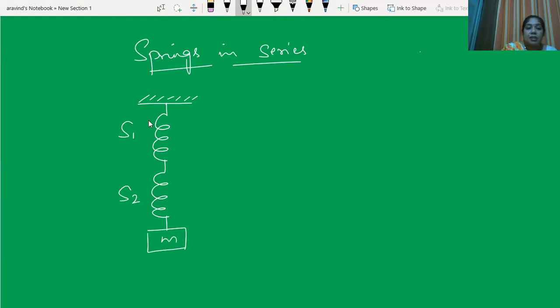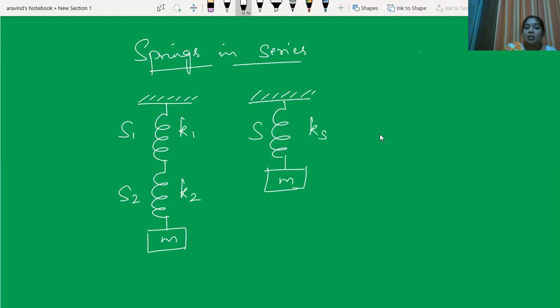I can replace S1 and S2 by an equivalent spring whose spring constant is say Ks. If S1 has a spring constant K1 and S2 has a spring constant K2, I can replace S1 and S2 by a single spring S whose spring constant is Ks, where Ks is given by K1 K2 by K1 plus K2.